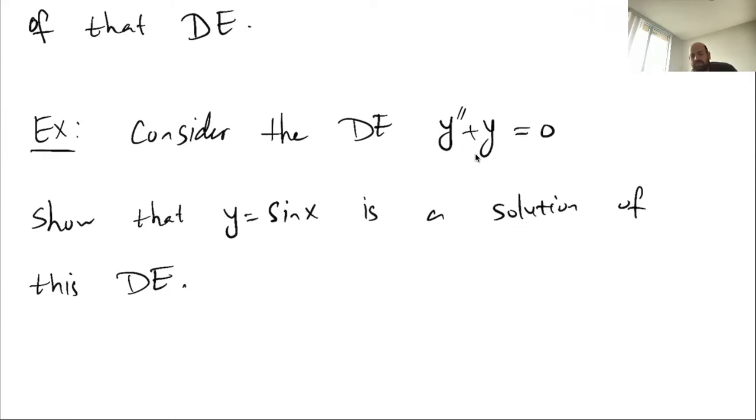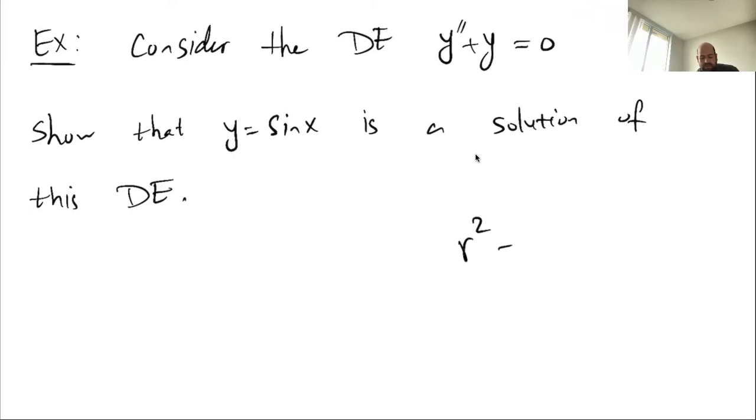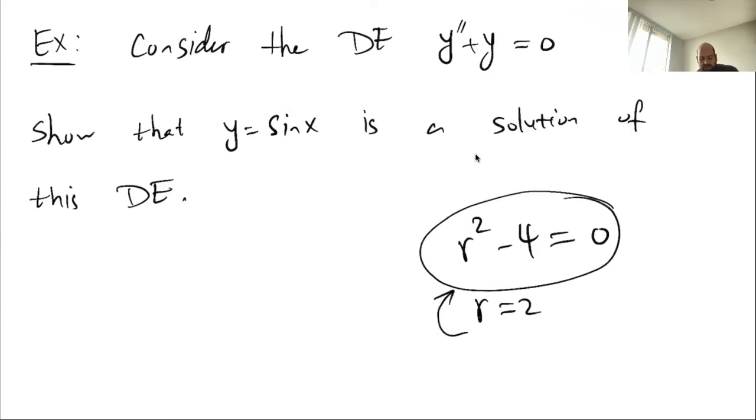Same concept for the standard equations. For example, when you say r squared minus 4 equals 0, then you say r equals 2 is a solution for this. Why? Because when you replace r with 2, 2 squared minus 4 is 0. But for example, r equals 1 is not a solution. Why?